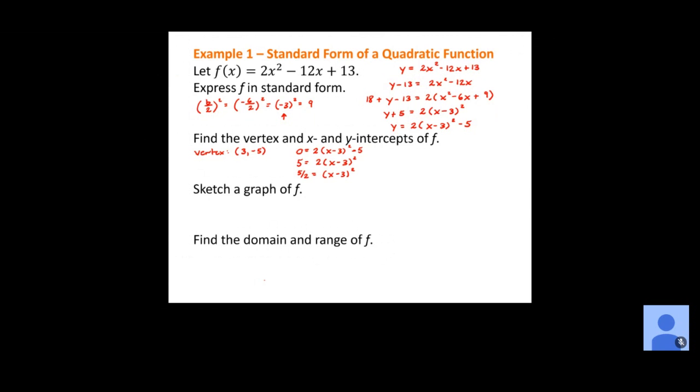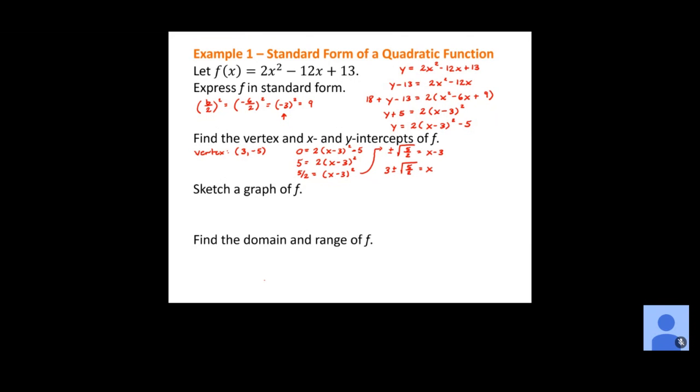Now I'm going to take the square root of both sides. So when I do that now, we're going to get plus or minus the square root of 5 over 2 is equal to x minus 3. And then finally, I'm just going to add my 3 to the other side. That'll give us 3 plus or minus the square root of 5 halves is equal to x.